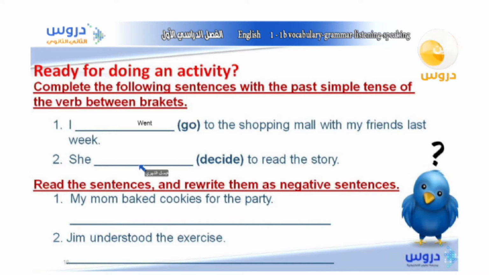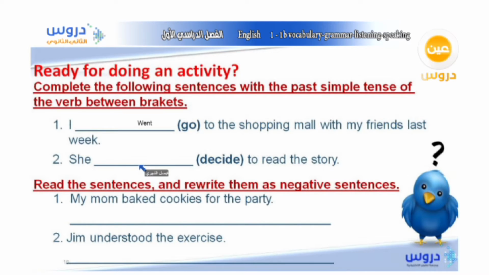Can you use did not in the sentence? How to use it? If you want to use a negative sentence, Jim understood the exercise. Remember, when we use did not in the sentence, we are not using the second form of the verb. We are using the base form. All right?